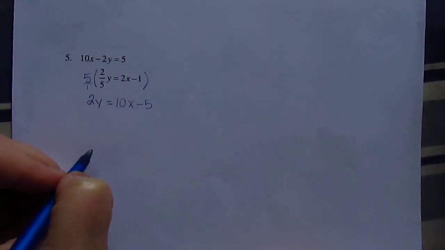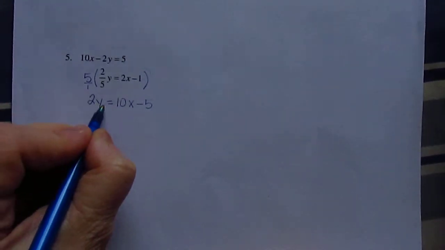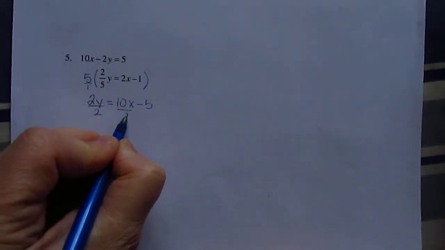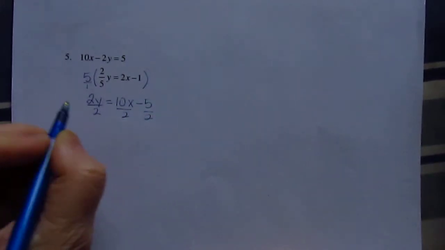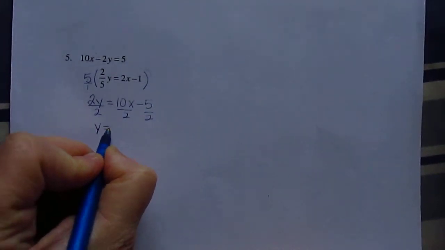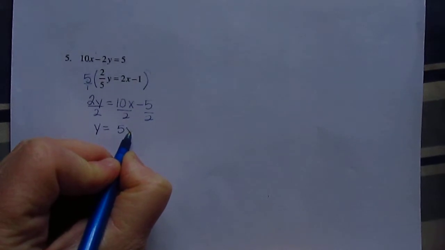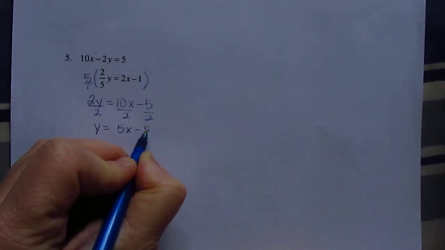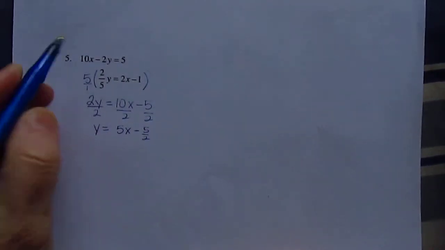Okay. I'm not too crazy about this one, but let's divide by 2. What I do to one side, I have to do the other. Now I have y equals 5x minus 5 halves. I'll leave it like that.